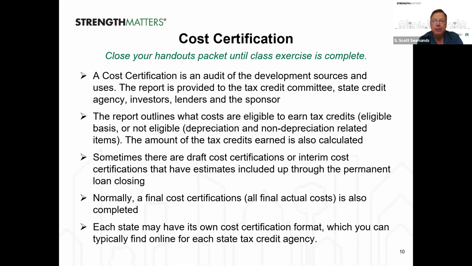And it's the final one that really should be the controlling one, and that's the one to send to the state agency to get the tax credits awarded. And so your website for your local state agency probably illustrates what the cost cert format in your state should look like. So your auditors would also be aware of what that is for your state.